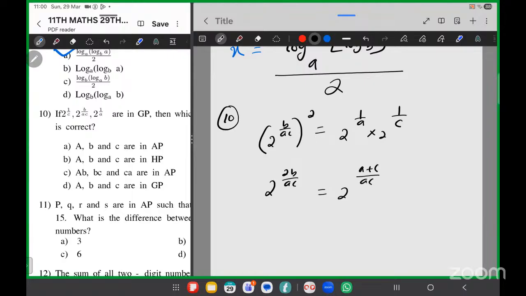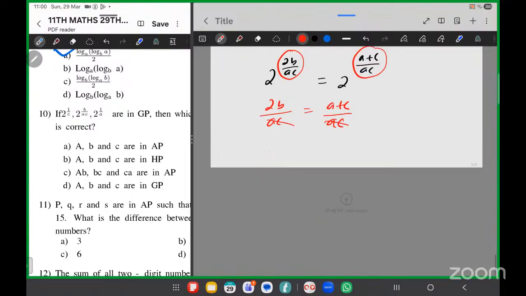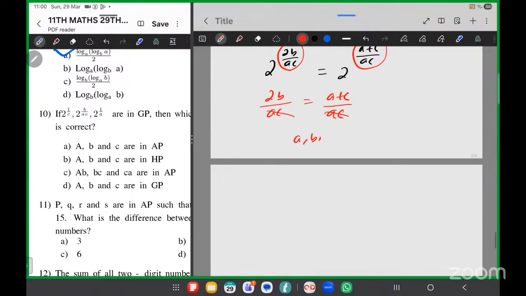Since both base are same, I can equate 2b by AC is equal to a plus c by AC, AC cut. So 2b equal to a plus c. So I can say that A, B, C are in AP. So option A is the correct answer.